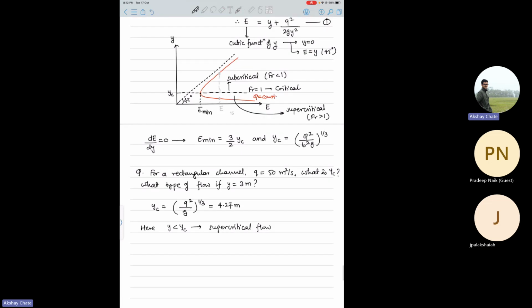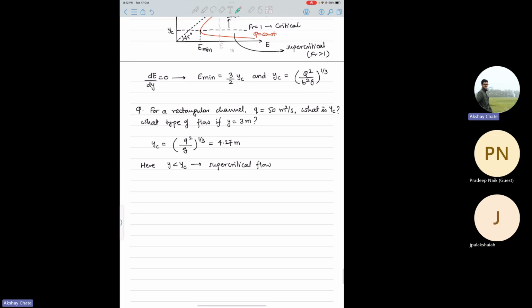So basically, in this figure, in this region I am talking about, here your y is less than yc, so supercritical, and you will have Froude number greater than 1 for such flow. Maybe other dimensions are not given, but it should be, otherwise it's not a supercritical flow. So like that. Yeah. What else?